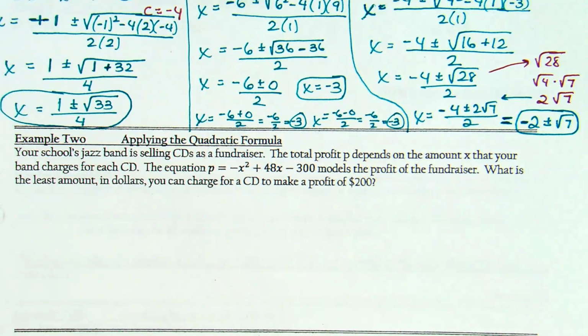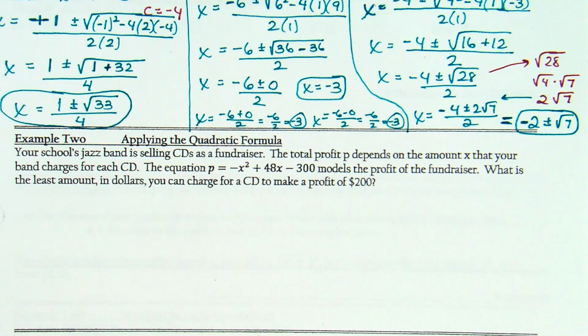Okay, that was my initial read-through. Some of you know exactly what you want to do right now. Some of you are saying, okay, that was a blur. So if it's a blur, you should reread it more times, right? Read it until you can break it down and make sense of it. So if I go back and start rereading, your school's jazz band is selling CDs as a fundraiser.